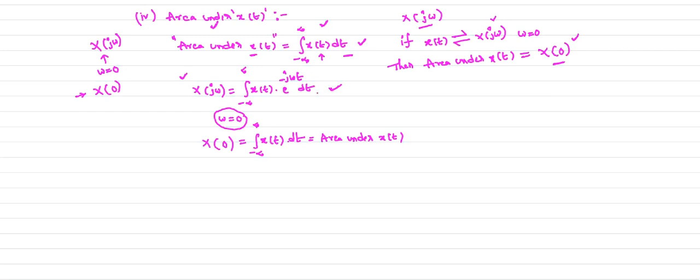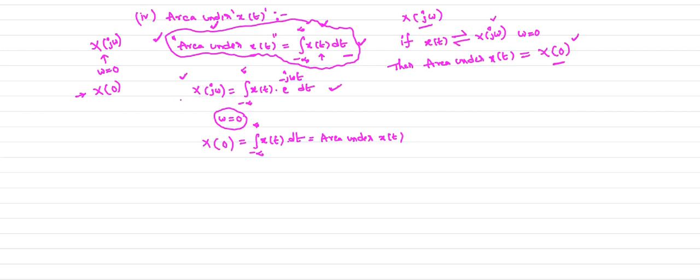So this is about the area under x of t. This formula is very, very important. Already you know how to calculate the area under any signal: you just integrate that signal between minus infinity to plus infinity, so that you get the area under the signal x of t. Now using the Fourier transform, we calculate the area under x of t directly.